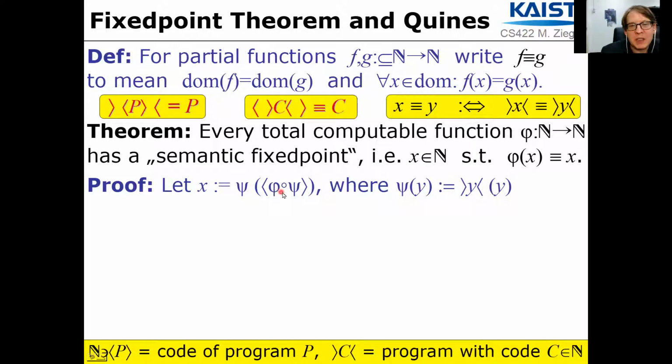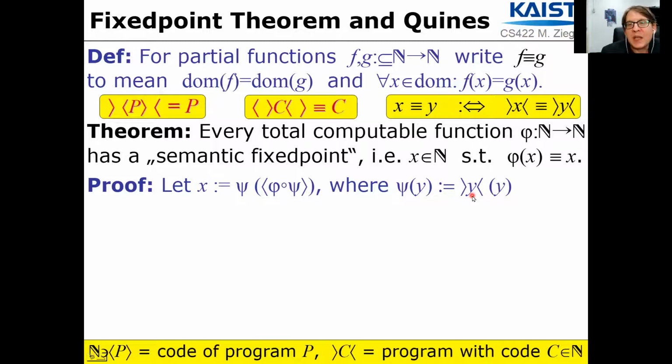Then what does that mean here? It means take the result of that computation, and feed it into phi, that computable function, to receive another natural number. And this composition then constitutes a program which we encode, and then we execute psi on the code of that program. What does it mean? It means interpret this code as a program.